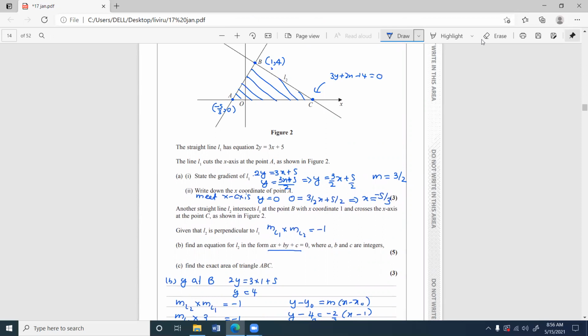With this, meeting the y-axis means x equals 0. Therefore y becomes 14 over 3. Here the coordinate is then how much?